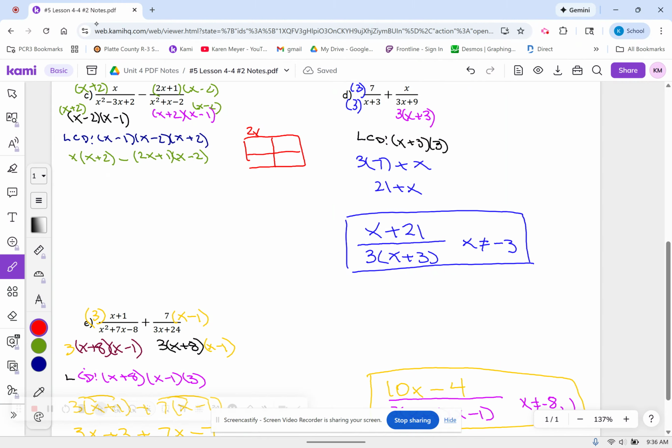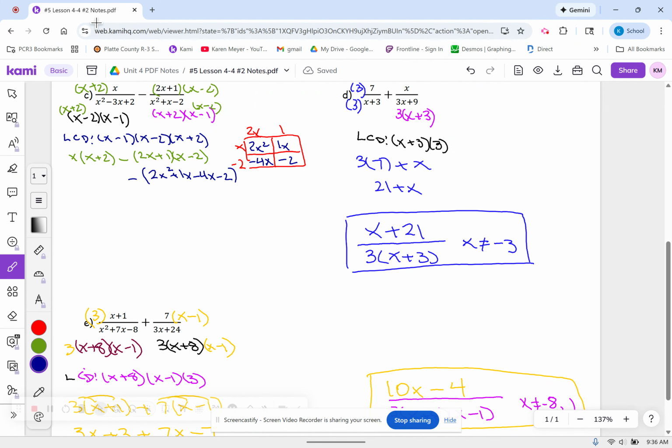So I'm going to put my information on the outside. And then I'm going to fill it in. Okay, which would give me 2x squared plus 1x minus 4x minus 2.